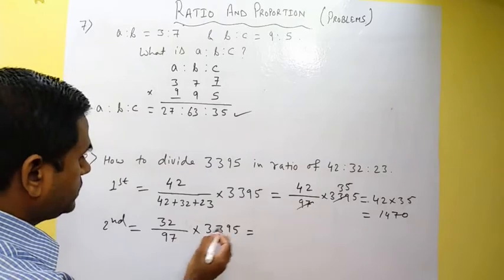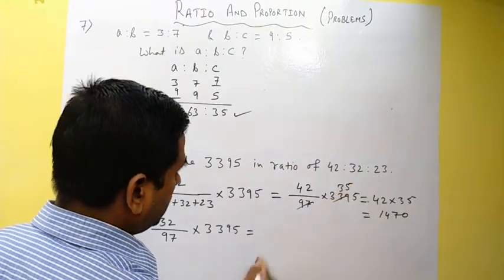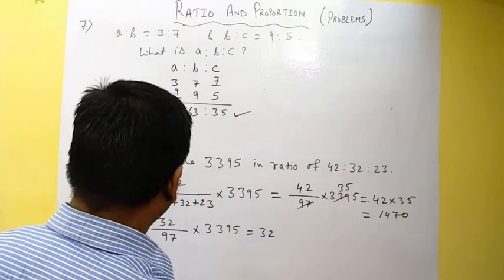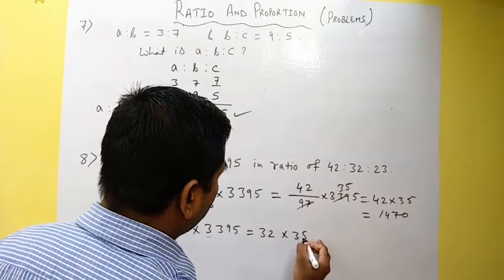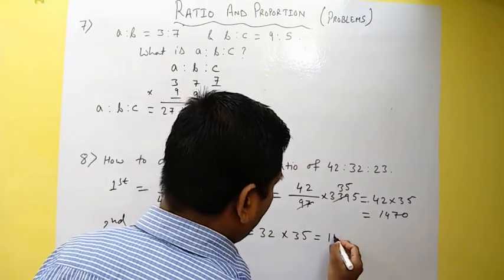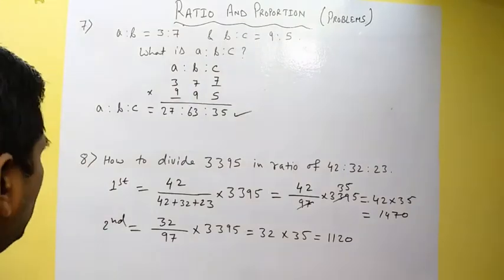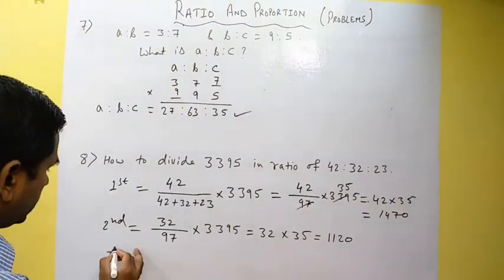So 97 cancelled with 3395 gives us 35. In the first problem we have already done. 32 into 35 we will get. So this will become 1120.